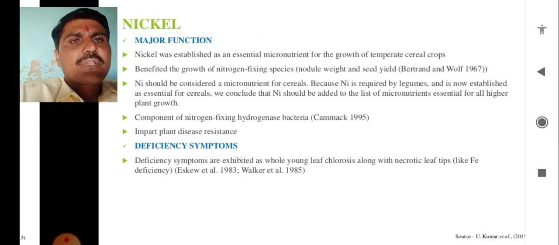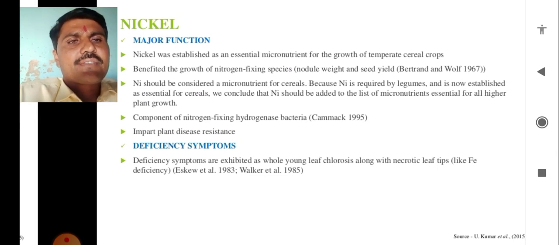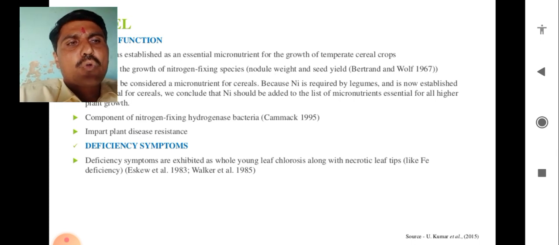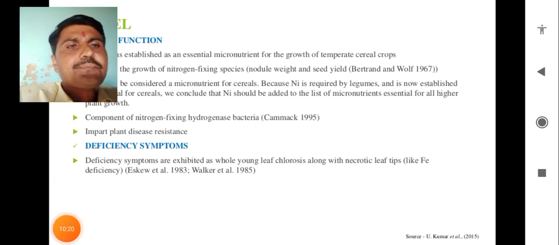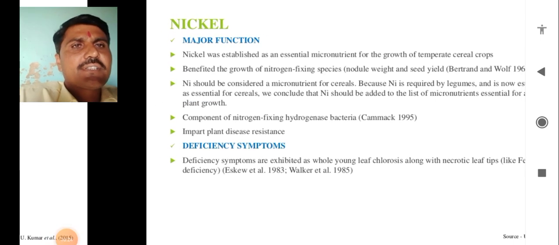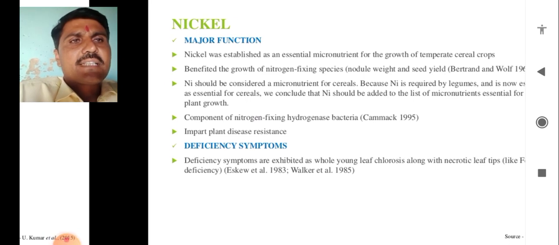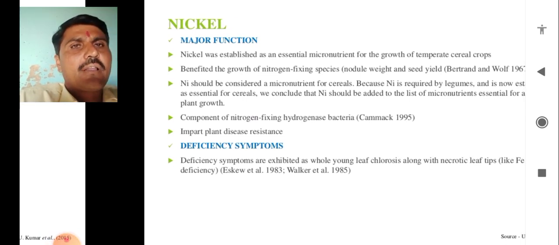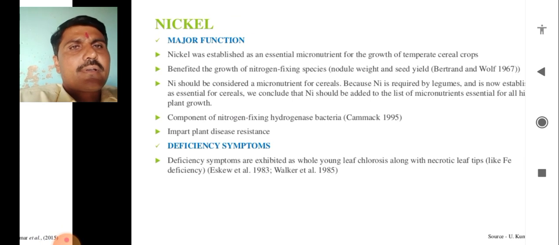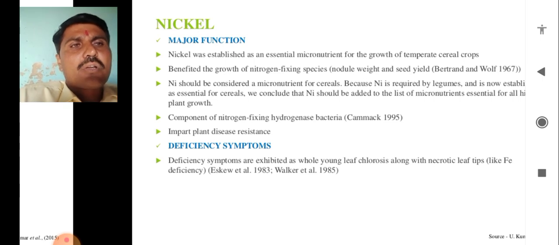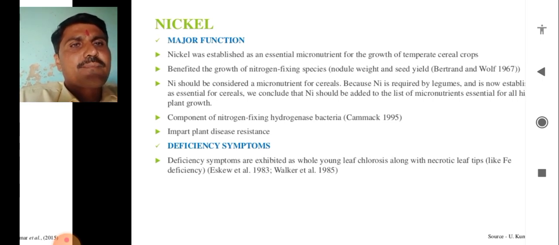Next is nickel, and the deficiency of nickel is exhibited as whole young leaf chlorosis along with necrotic leaf tips. If you look at the functions of nickel, it was established as an essential micronutrient for the growth of temperate cereal crops rather than tropical ones, and it has benefited the growth of nitrogen fixing species.